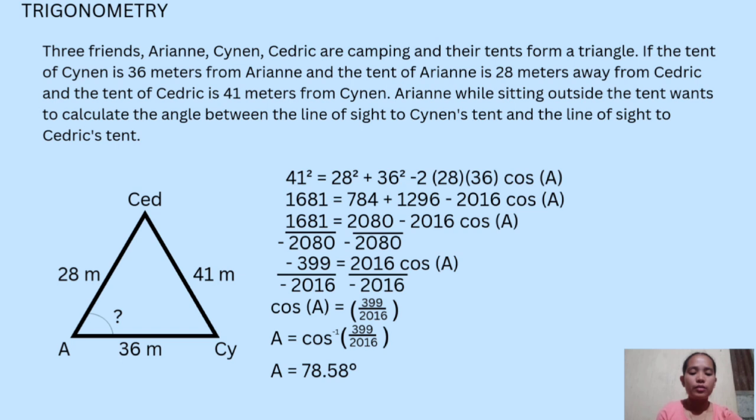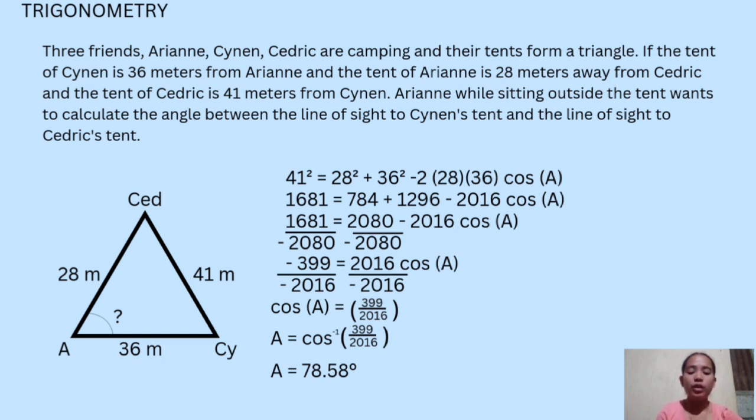A squared equals B squared plus C squared minus 2BC cosine A. 41 squared equals 28 squared plus 36 squared minus 2 times 28 times 36 cosine angle A. We calculate this and we have now 1681 equals 784 plus 1296 minus 2016 cosine A.